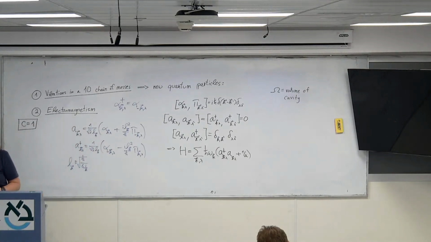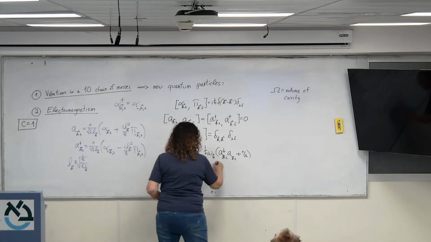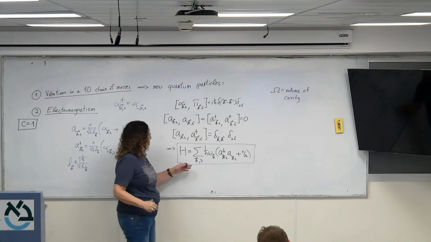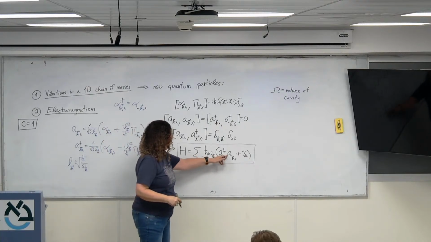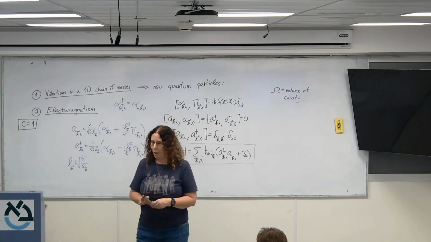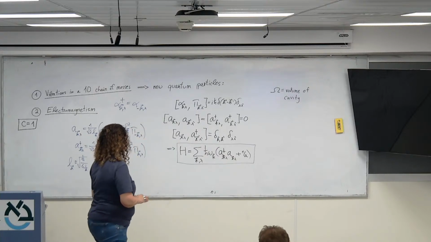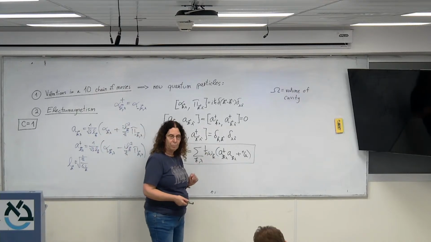Once again, it's just a sum of independent harmonic oscillators or harmonic modes, and this A and A dagger can be thought of as creation and annihilation operators of a particle whose energy is h bar omega.